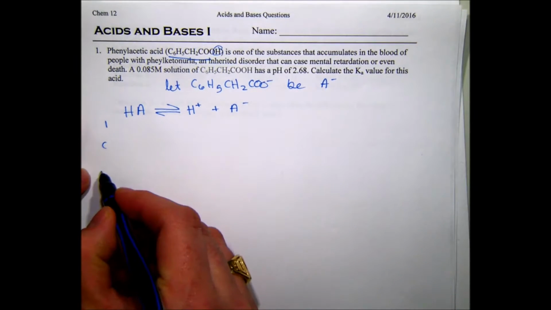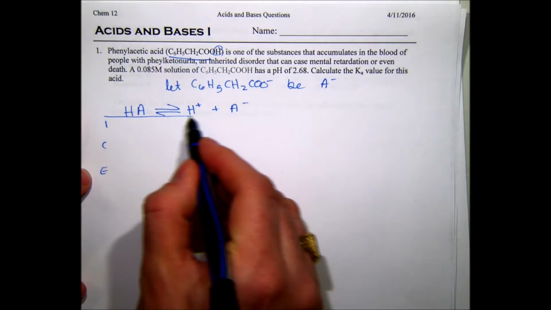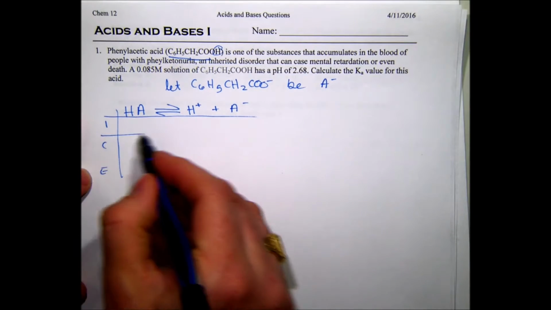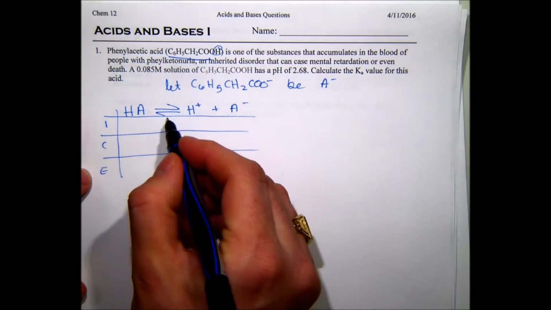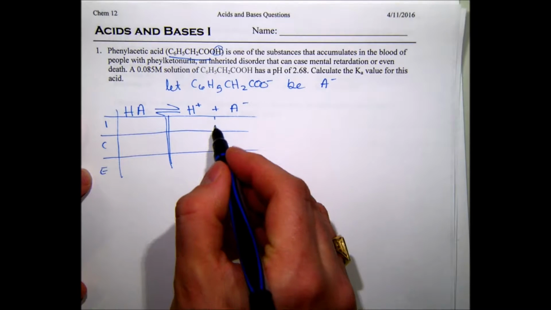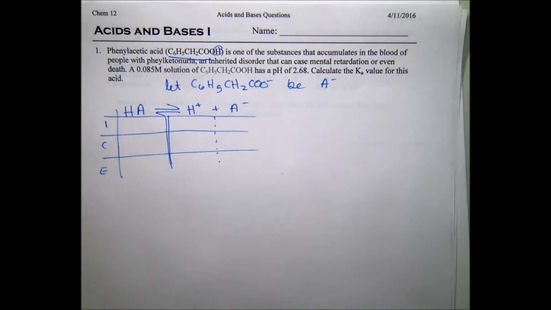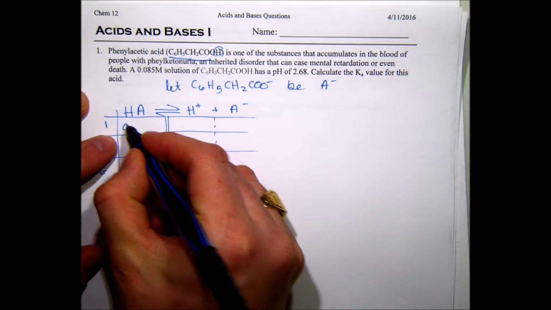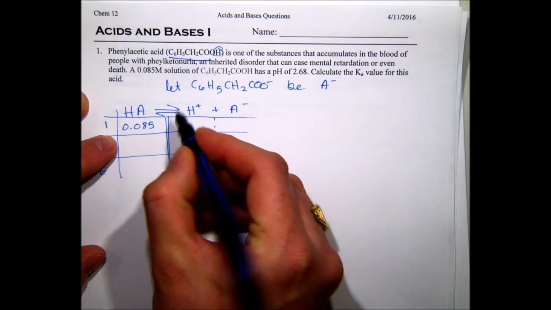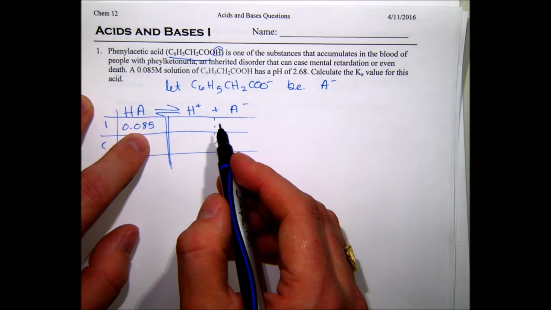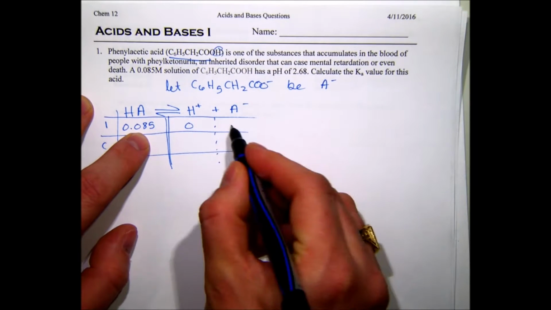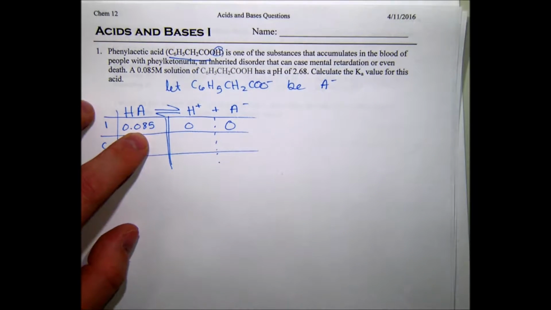We're going to use our ICE box. Set it up. We have 0.085 molar of the acid. I have 0 and 0 to start with.